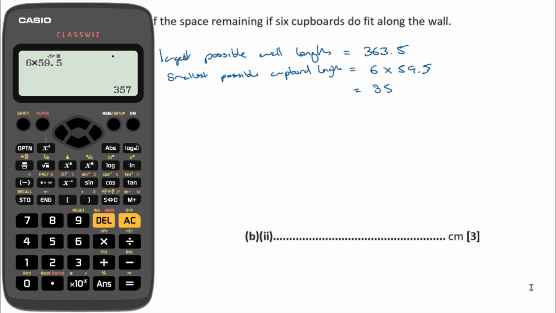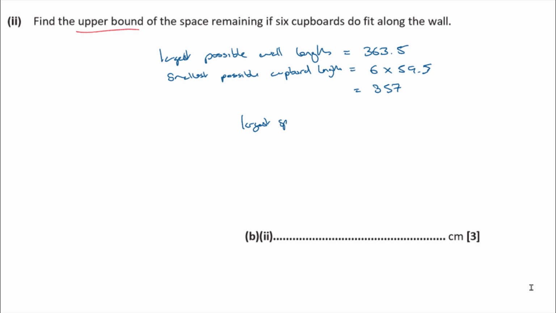So the largest space remaining is going to be those things subtracted, isn't it? 363.5 minus 357, which comes to 6.5 centimeters. So my final answer is 6.5 centimeters.